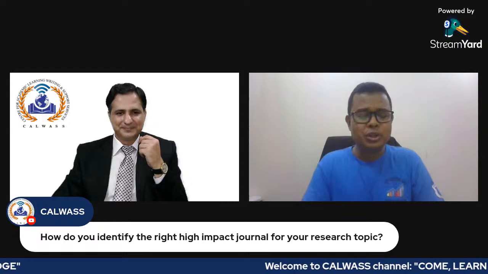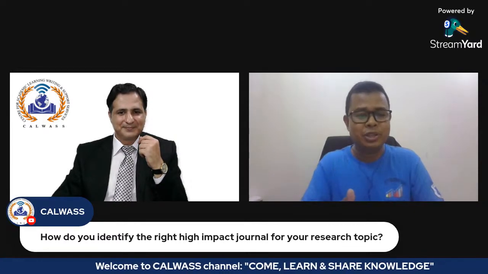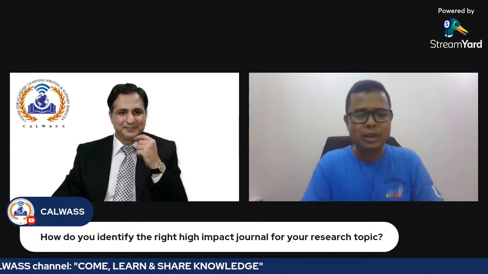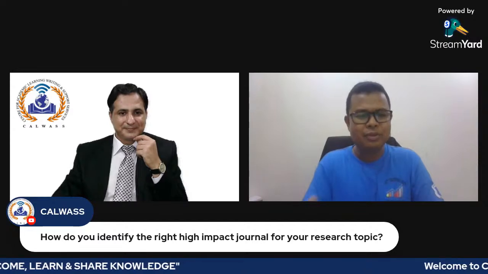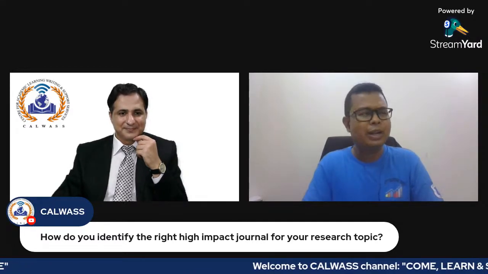Your question is how we can understand this is a high impact factor journal in my domain. My suggestion is to download the list. Actually, it's freely available, except the JCR ranking, which you can just browse.